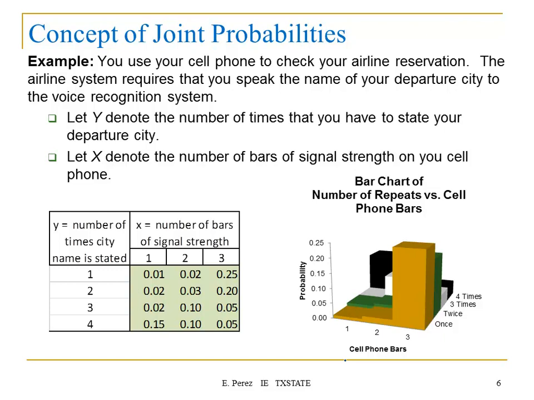So this data ends at 0.15. If you look at the 1 bar and 4, it ends at 0.15. Is that saying that most of your probability actually exists outside of this? Just put 1 bar at 4 times, or state the name 4 times with 1 bar. This is basically saying that if you only have 1 bar, you're going to have a higher probability of repeating the name of the city.